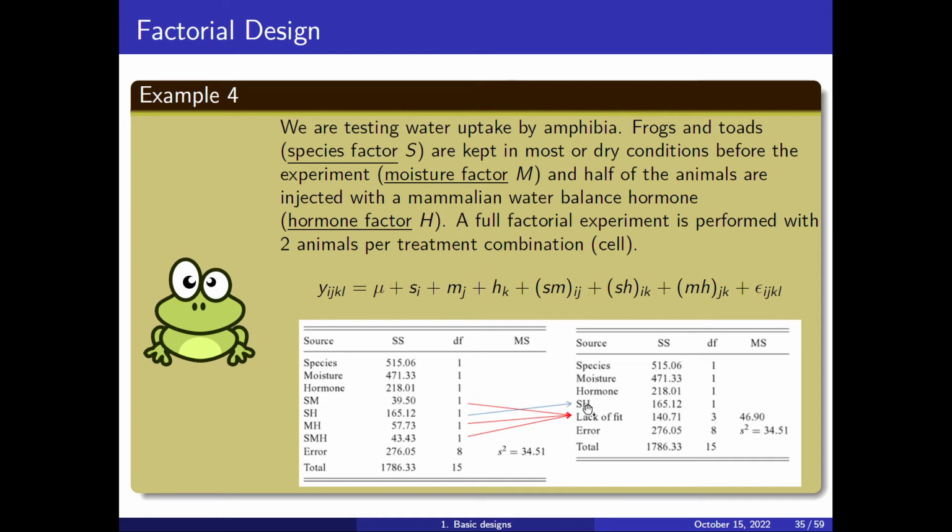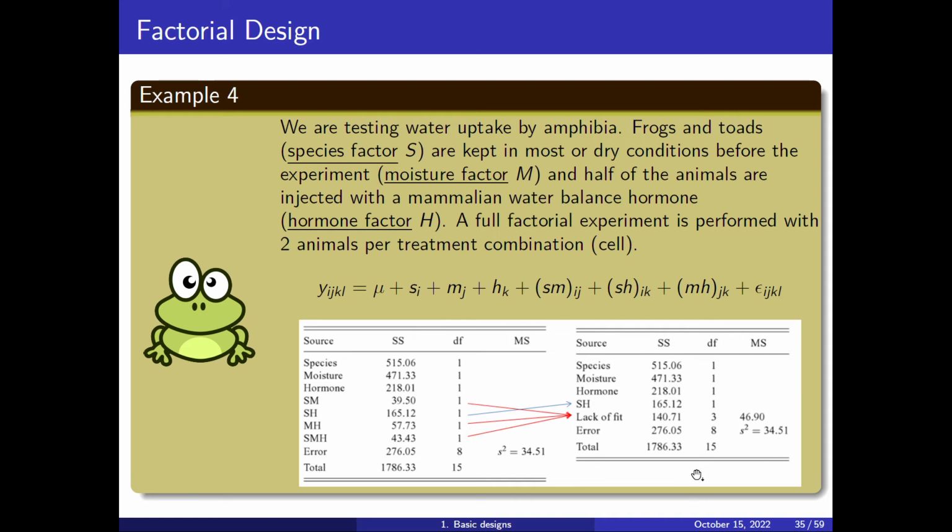And then there is an interaction between species and hormone, meaning that not all species respond equally to the hormone. That is also a very interesting effect. And all this analysis capacity, you don't have it with the student t-test. With the student t-test, you see that the mean of some of the groups is different from the mean of the other group. And also, for instance, here we have used so few animals per combination that when you make any pairwise comparison, it will not be significant.